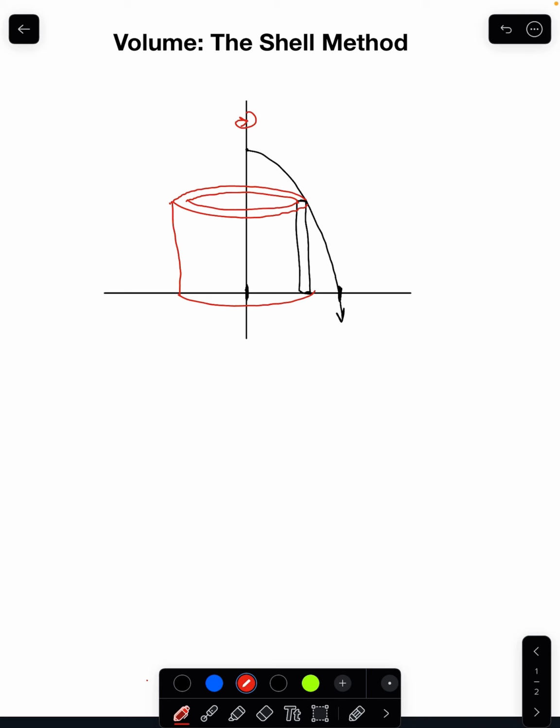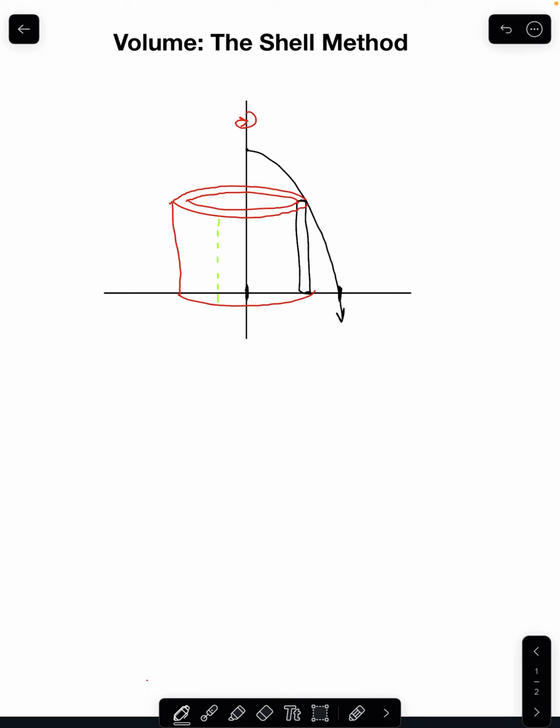The trick here comes in taking a cylindrical shell and cutting it. We cut it in a direction perpendicular to the circular face of it. And then from there, we can unroll it.